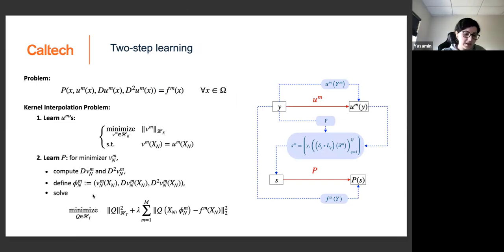So in the second step, we explicitly compute derivatives, and then we can form a similar minimization problem like the one of the first step. This again has a closed form solution, and essentially we can get approximants for both the UM functions and the P function.